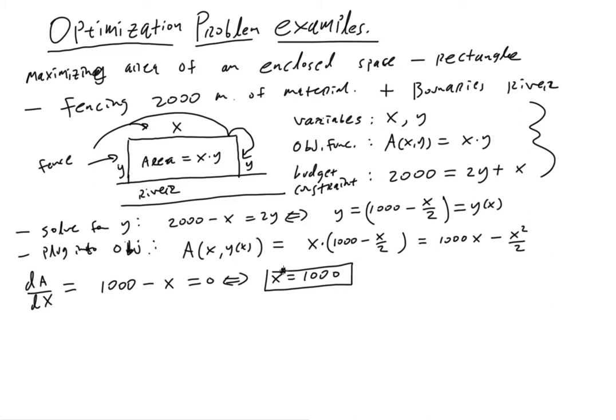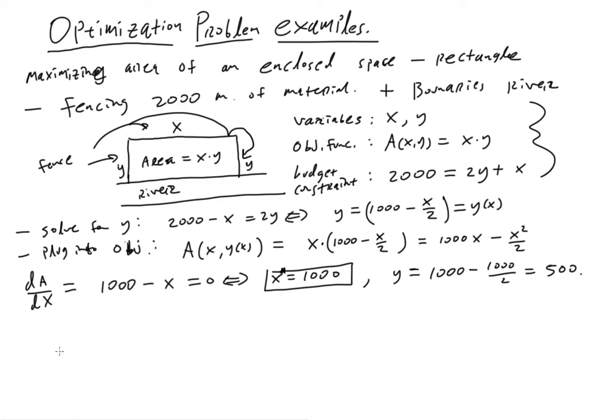So we'll call that our x star. Of course, y then can be determined simply enough. We know we have 1,000 meters of fencing left over, and so y better be half that, so it's going to be 1,000 minus 1,000 over 2, otherwise known as 500.